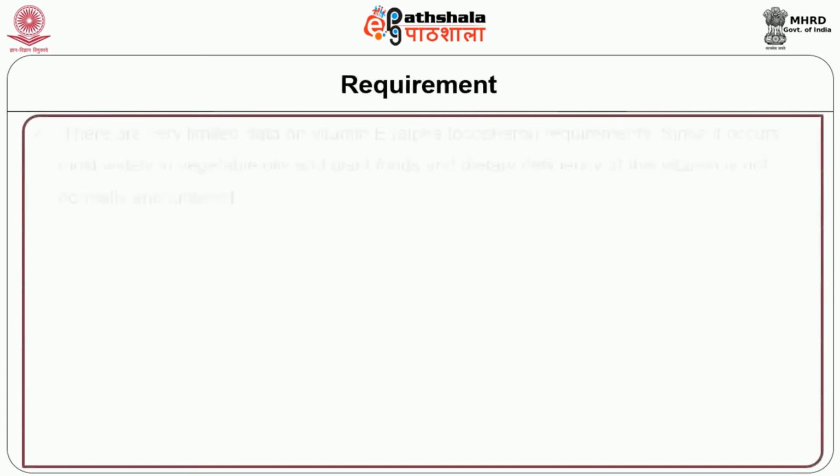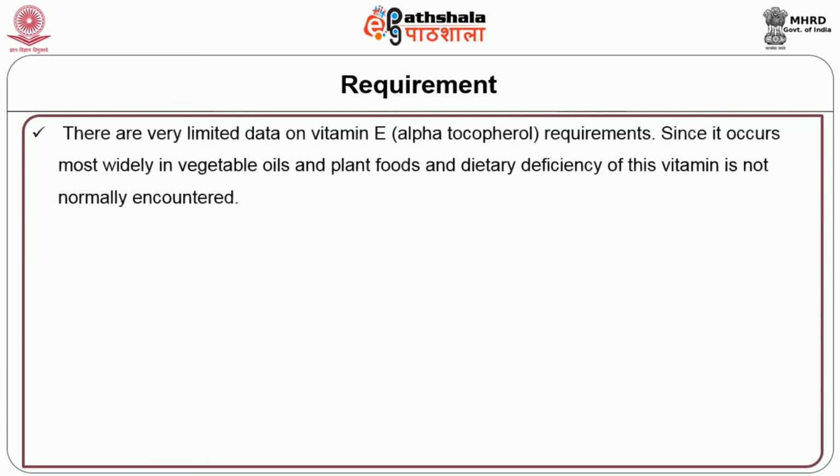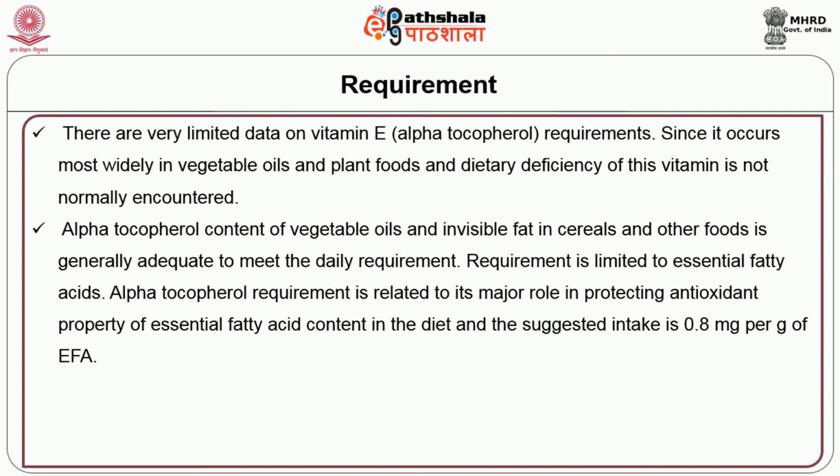Requirement. There are very limited data on vitamin E requirements since it occurs most widely in vegetable oils and plant foods, and dietary deficiency of this vitamin is not normally encountered. Alpha tocopherol content of vegetable oils and invisible fat in cereals and other foods is generally adequate to meet the daily requirement. Requirement is related to essential fatty acids.